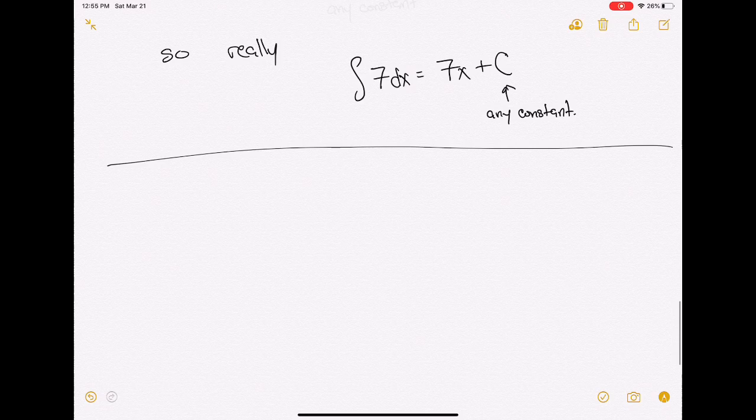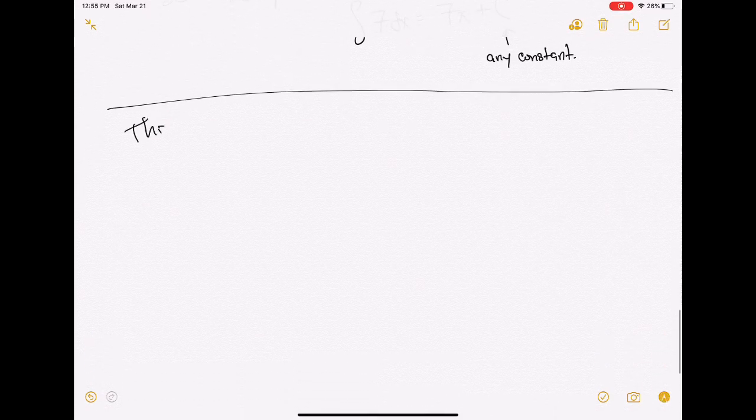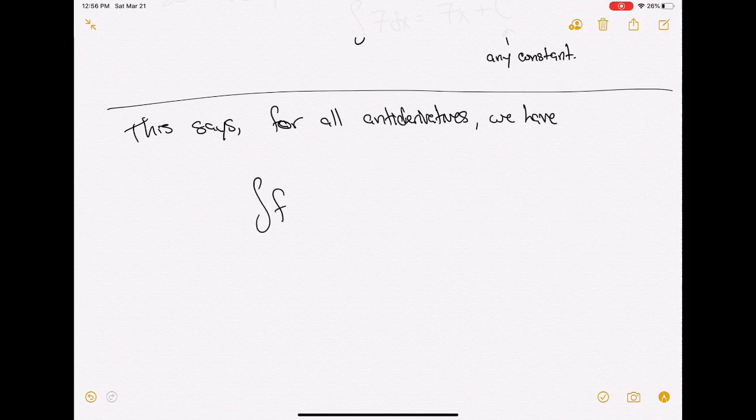What does this say? This says for all antiderivatives, we have the integral of f prime of x dx is not just f of x, but it's really f of x plus c for any constant.